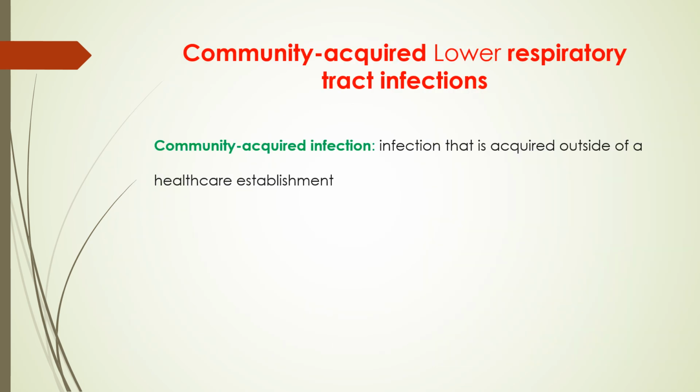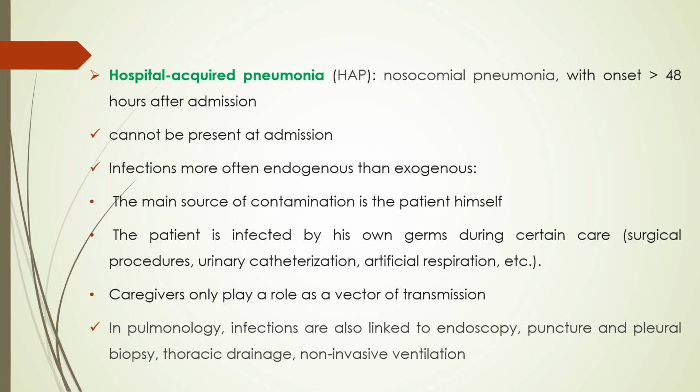What is a community-acquired infection? It's an infection that is acquired outside of a healthcare establishment, which is different from hospital-acquired pneumonia, or most commonly nosocomial pneumonia, which is an infection that occurs at least 48 hours after an admission in a healthcare structure.